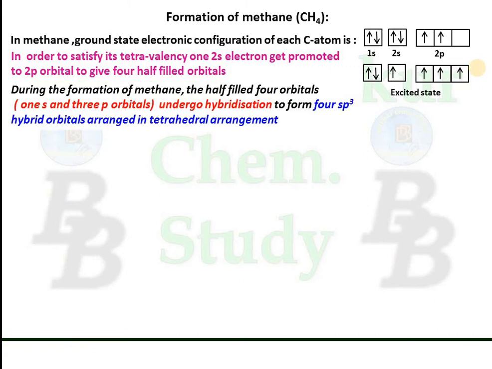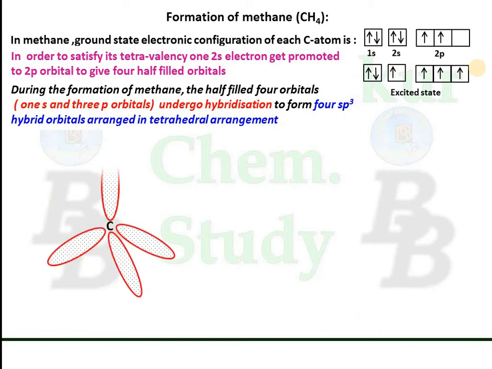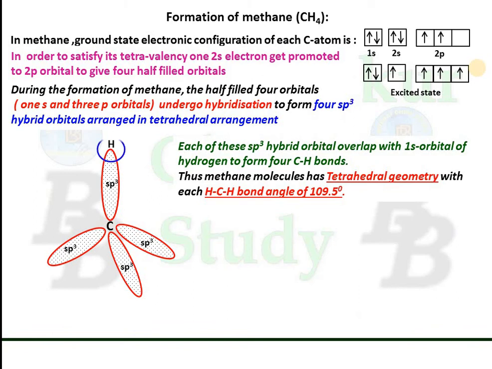During the formation of methane, one half-filled 2s and 3 2p orbitals undergo hybridization to form 4 sp3 hybrid orbitals, which adopt a tetrahedral arrangement around the carbon atom like this. And during the formation of methane, the carbon shares each of its sp3 hybrid orbitals with 4 hydrogen atoms like this.